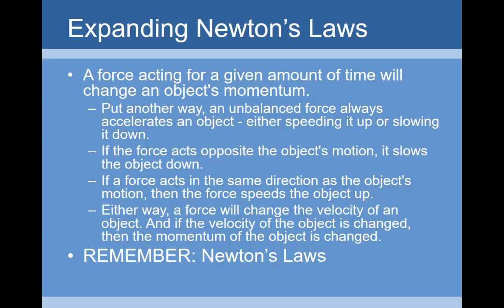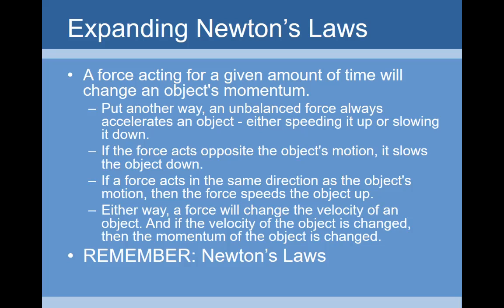If the force acts opposite the motion, it slows it down. If the force acts in the same direction, it speeds it up. Either way, a force will change the velocity of the object, and if the velocity changes, the momentum is going to change as well. So we're going to have to remember Newton's laws.